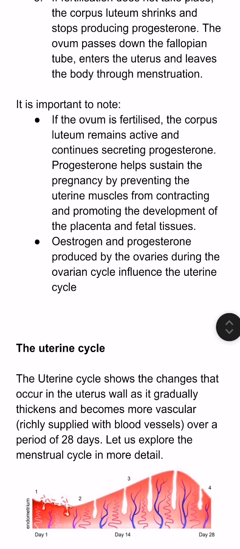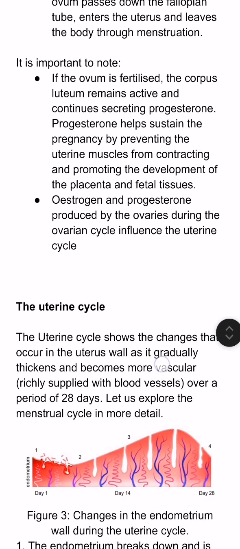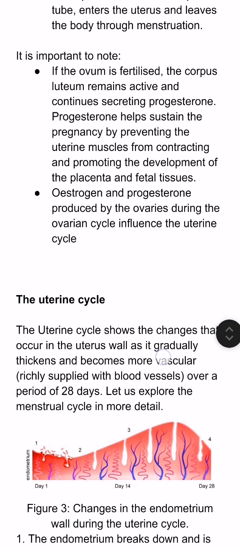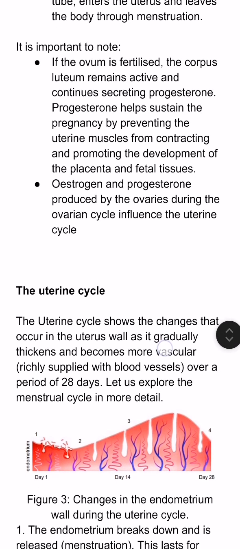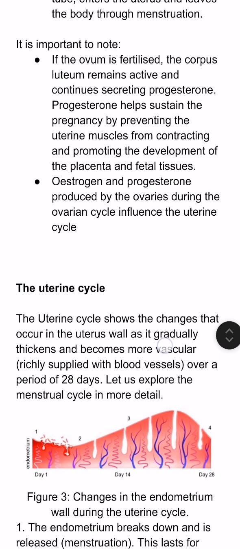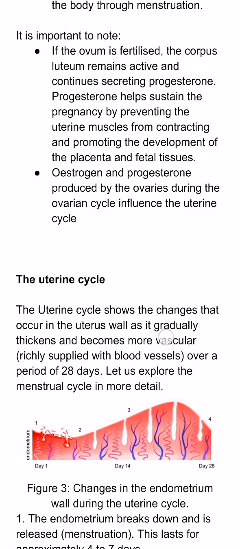So it's important to note that if the ovum is fertilized, the corpus luteum remains active and continues secreting progesterone. Progesterone helps sustain the pregnancy by preventing uterine muscles from contracting and promoting the development of placenta and fetal tissues, right?